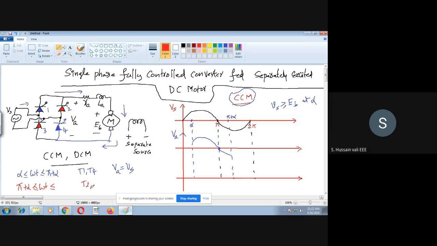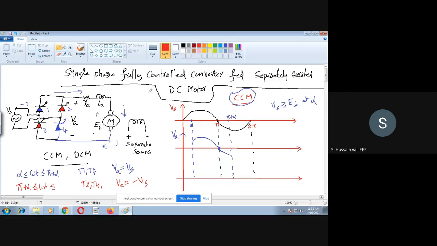Now the thyristors conducting are T2 and T3. Remember, when any two thyristors are conducting, you can see for yourself VA is equal to VS. There is no doubt in that. But I will better write it in a different way: VA is equal to minus VS.